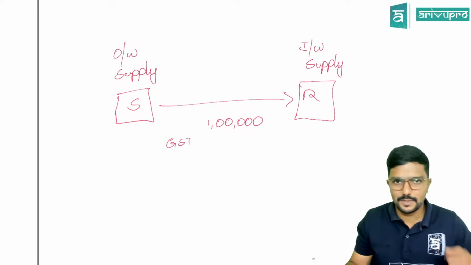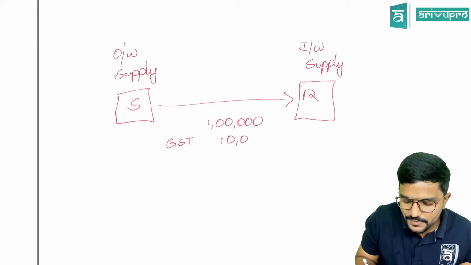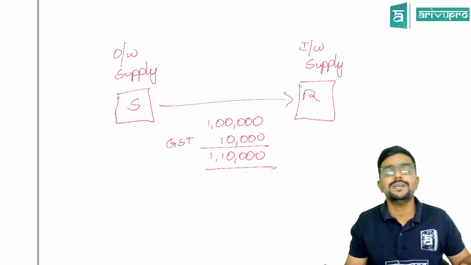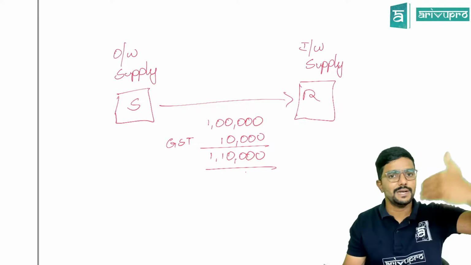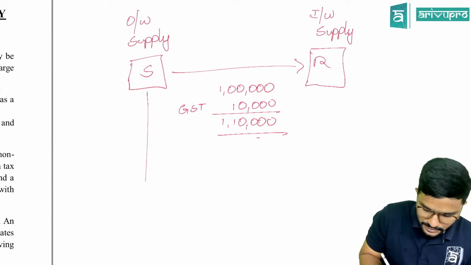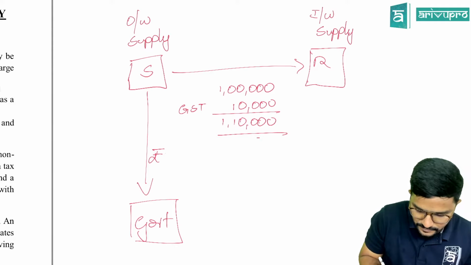The supplier is the one who is liable to pay GST, so he is liable to pay 10,000 GST. So he collected 1,10,000 from the recipient. 1 lakh is the supplier's revenue. The remaining 10,000, the supplier has to deposit to the government.